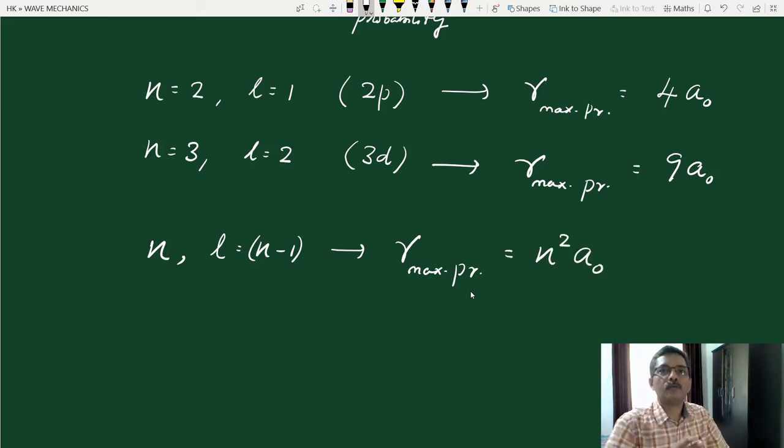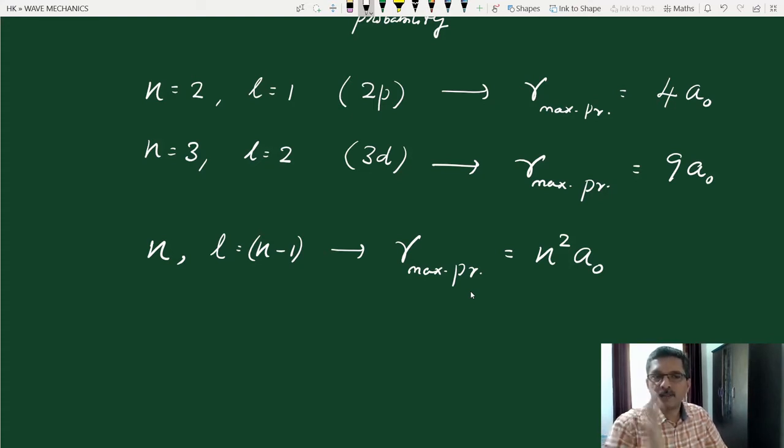For n equal to 1, the 1s state, l equal to 0, it is a0. For the 2p state, here also the highest value of l is 1, we are taking the highest value of l, it is 4 a0, that is 2 squared a0. For the 3d state it is 3 squared a0, 9 a0.